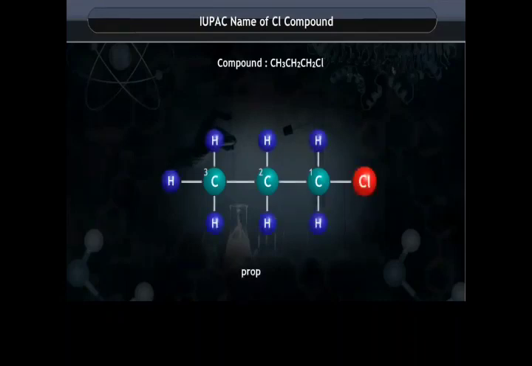Let us attach the remaining atoms in this compound. So it is a saturated compound, so add the suffix ane to it, and that is propane. This compound contains one chlorine atom, so use the prefix chloro. Thus the name of the compound is chloropropane.